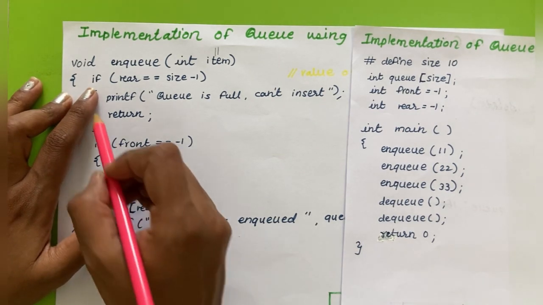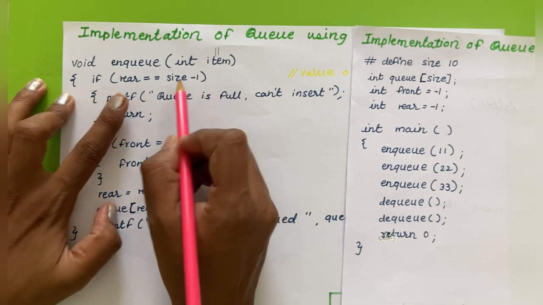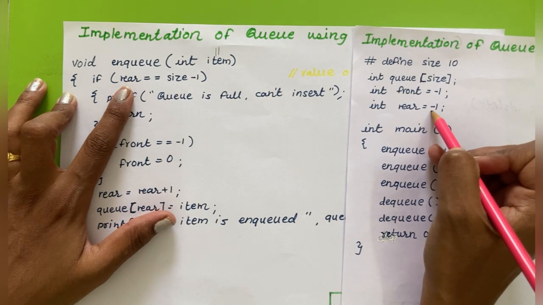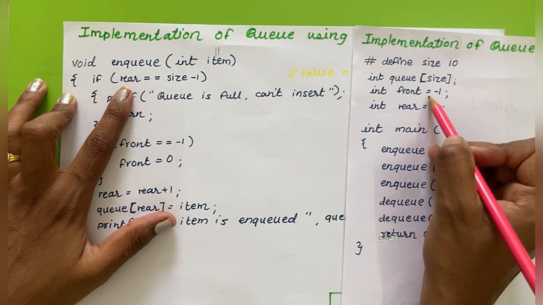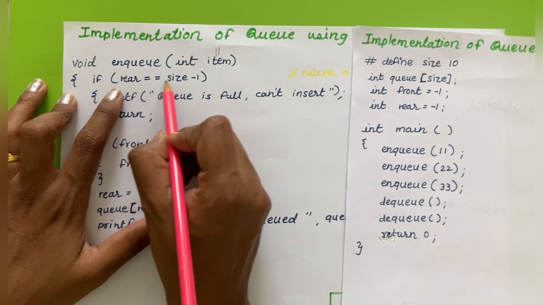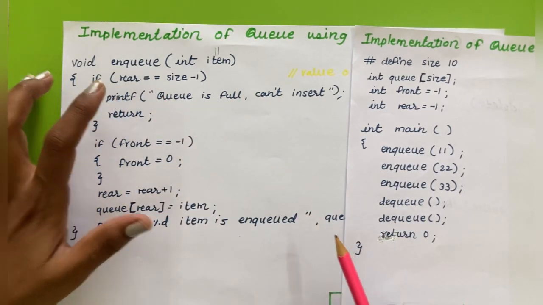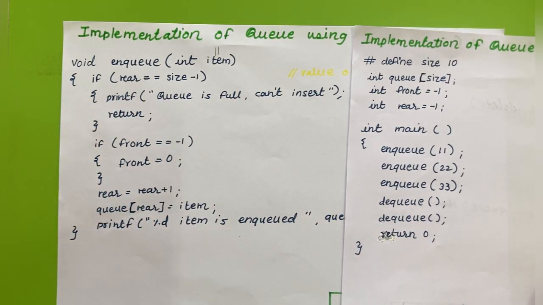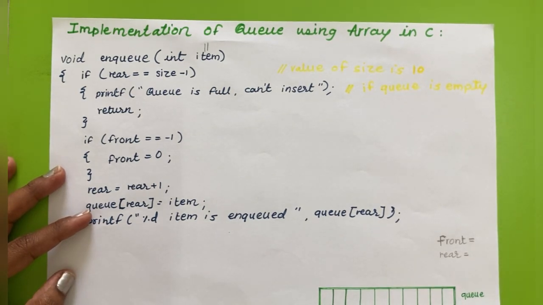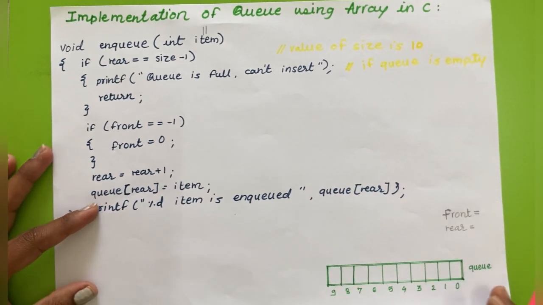So if rear is equal to size -1. Here rear we have initialized globally to -1, front is also initialized to -1, and size is initialized to 10. First we have to check whether the queue is full or not. While inserting an element in the queue, first we have to check whether the queue is full.